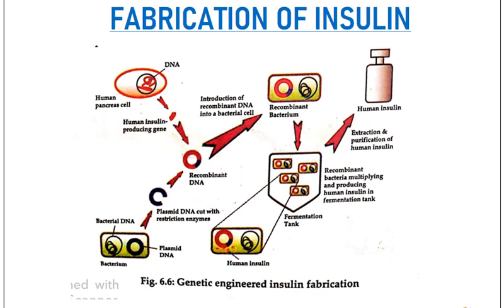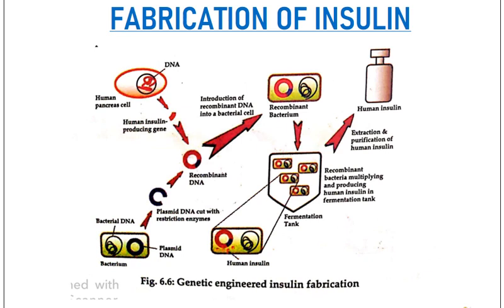Now the third is that this human insulin producing gene is inserted into a bacterial plasmid vector, which helps in the formation of rDNA of a human insulin producing gene. Now this rDNA is introduced into a bacterial cell to form the recombinant bacterium.